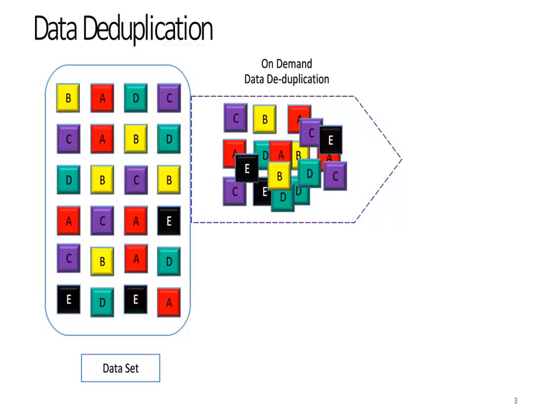All blocks in the file system form the data set. VxFS only supports on-demand data deduplication, which means deduplication must be triggered by the admin explicitly. There are multiple phases as part of deduplicating the data. The first part is to scan the entire file system based on the chunk size that is specified by the admin.